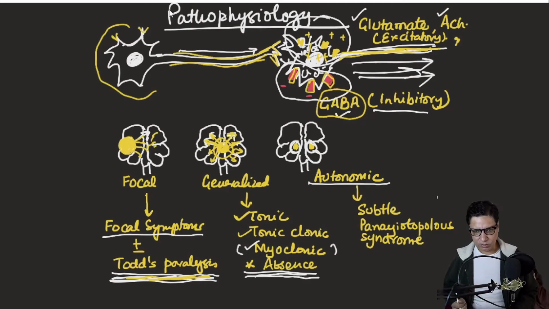In very small babies, we also call them subtle seizures because it is very difficult to identify cyclic movements of the body, paddling movements, swimming movements. These are actually manifestations of automatisms. And sometimes in older children, those who are going to school, Panayiotopoulos syndrome, which is actually an autonomic seizure, is caused by problems in the occipital lobe.